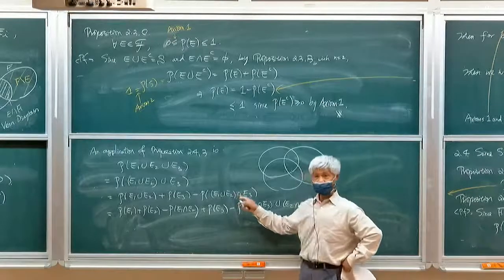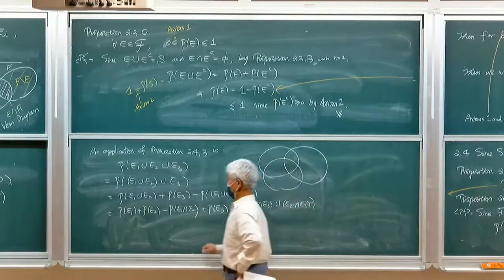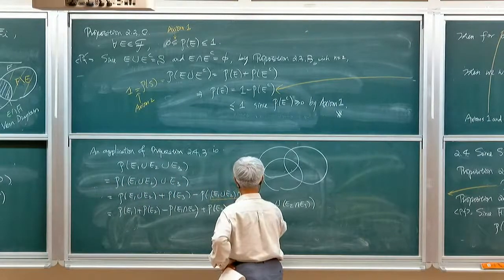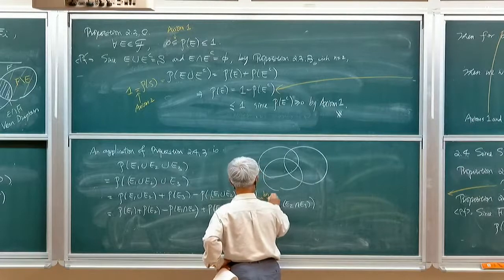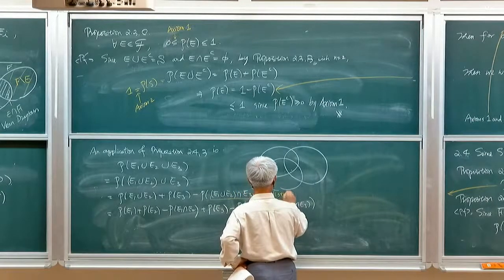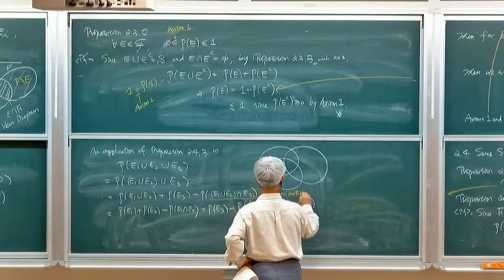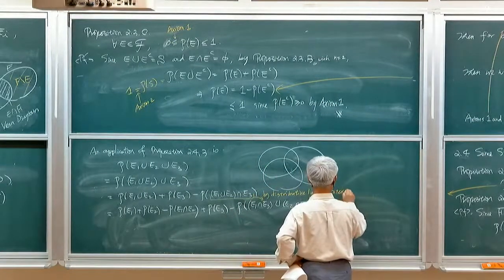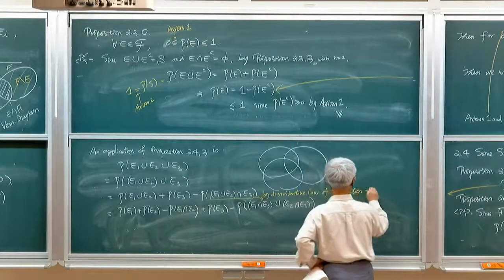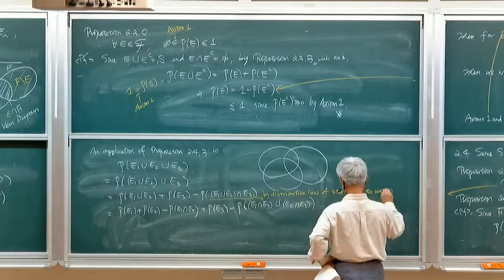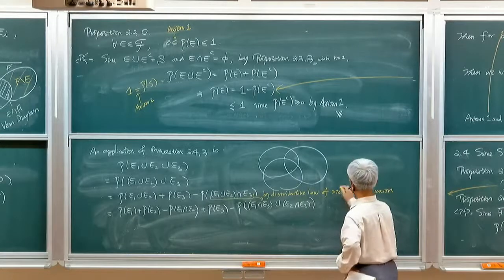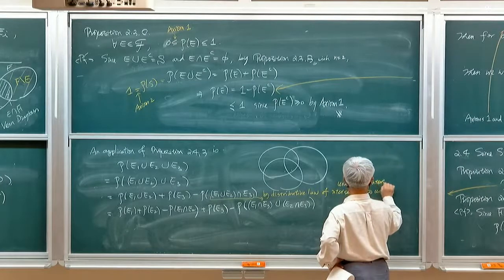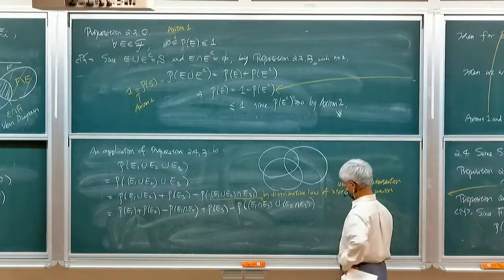Do you have any question about going from this one to here? This is by the distributive law of intersection to union. We have also another distributive law of union to intersection. Okay. But anyway.